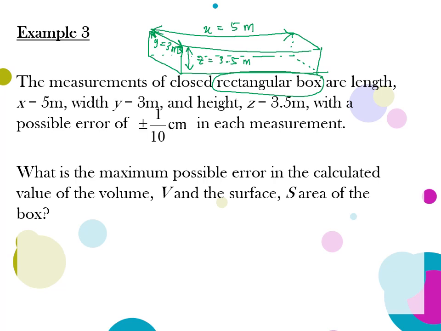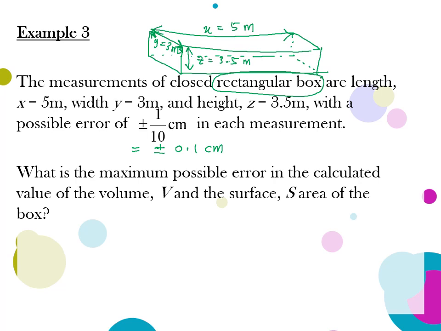With a possible error of plus minus 1 over 10 cm. So 1 over 10 cm is equivalent to plus minus 0.1 centimeter. So each of these measurements, your x, your y, and your z, will have plus minus 0.1 centimeter error.